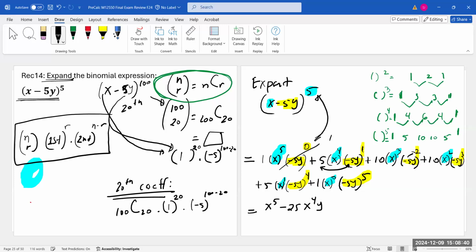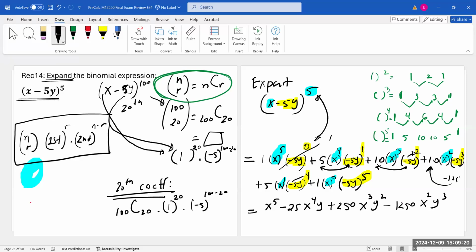In here we have negative 5 squared, which is 25. 25 times 10 gives us 250 x cubed y squared. In the next one, the sign should be minus. We have negative 5 cubed. Now negative 5 cubed is negative 125. So negative 125 times 10, negative 1250 x squared y cubed.